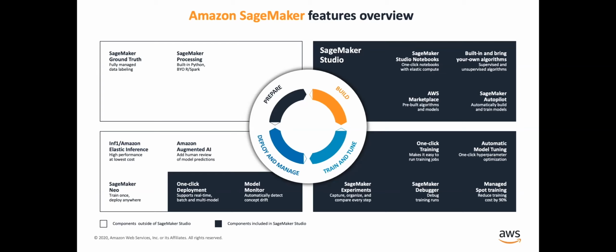For example, data labeling, right? There are a lot of different types of data. They have 3D data, videos, images, and text. So building an application to label them is not a trivial task, right? And for processing, nowadays you all use Python, and you may use R, and you may have a system in-house but want to move to Amazon.